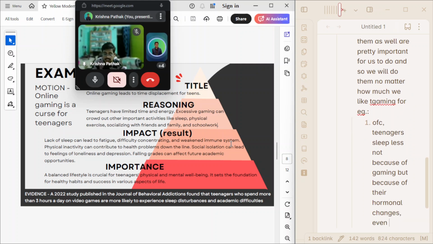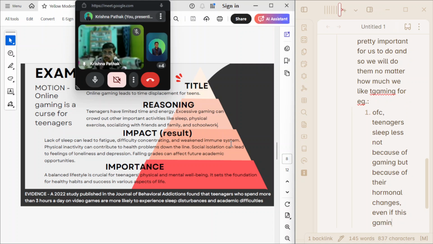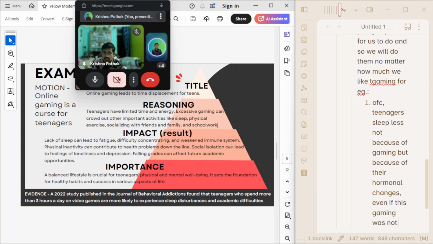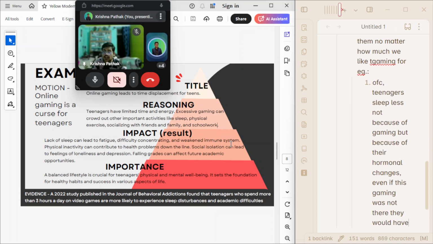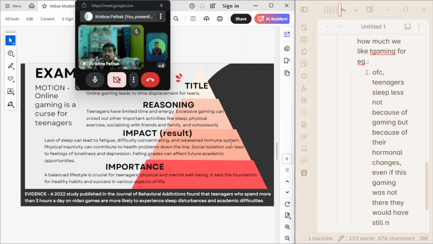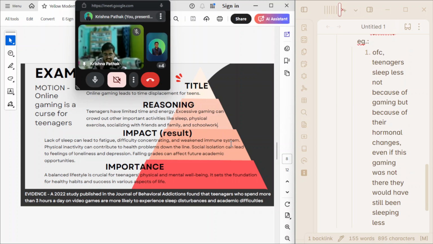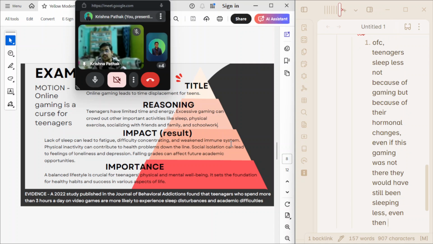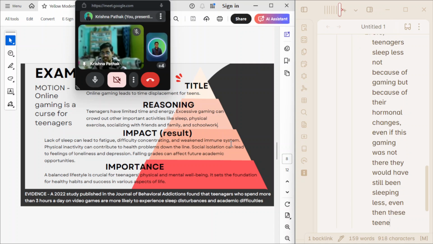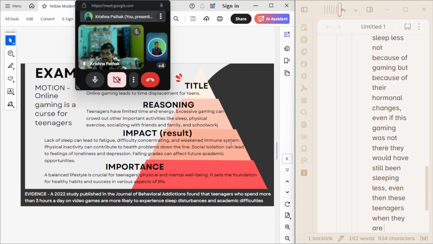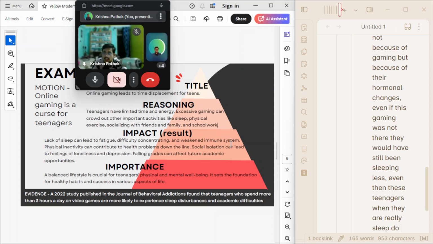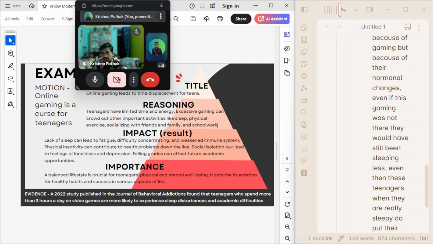Even if gaming was not there, they would still have been sleeping less, right? Even then, these teenagers, when they are really sleepy, do put their games aside and sleep, right?